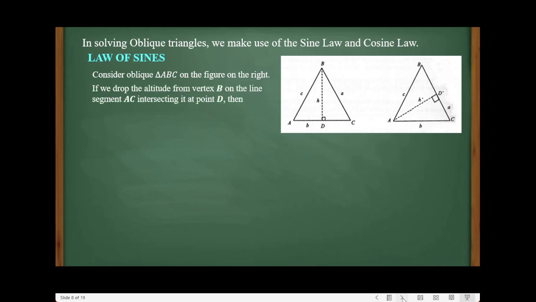What you see in this slide is actually the derivation of the law of sines. I'll just present this without explaining in detail the step-by-step method of deriving the formula. Again, what I'm presenting right now is the derivation of the formula for the law of sines.